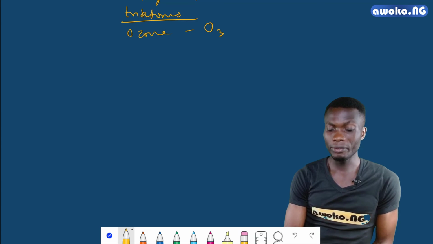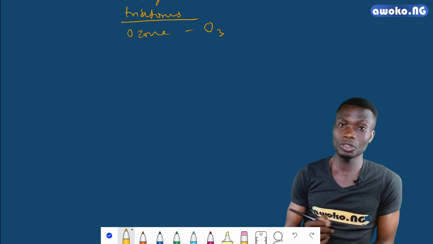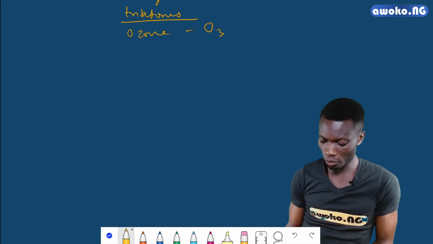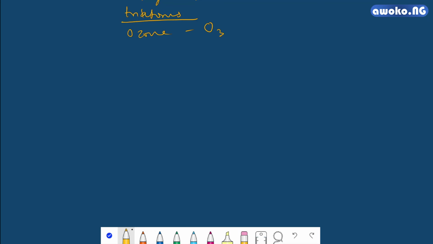Now, in writing the formulas of compounds, you see that it is very necessary to put this atomicity in mind. So you see the formulas of some compounds are a combination of molecules. So you see molecules coming together or elements coming together in a close proximity and with their subscripts to form compounds.